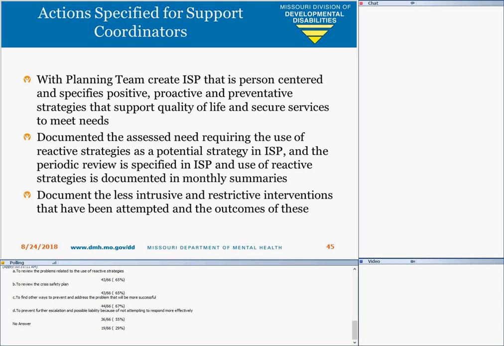So there's some specific things that are within the support coordinator's responsibilities, and a lot of times they're fulfilling these responsibilities with the full support team being part of that discussion.